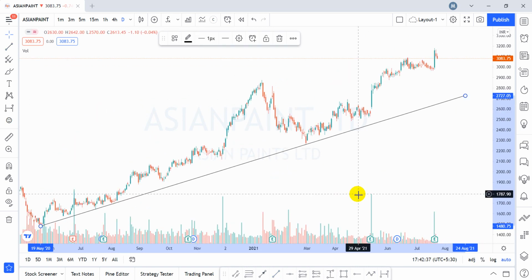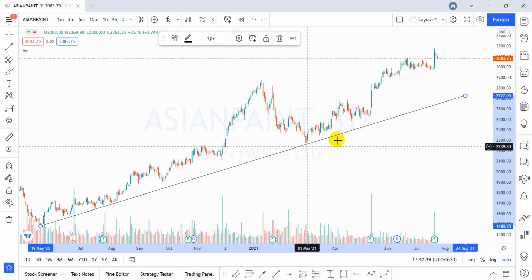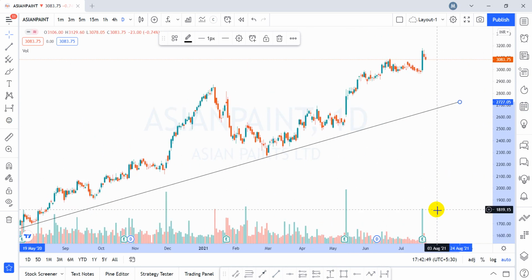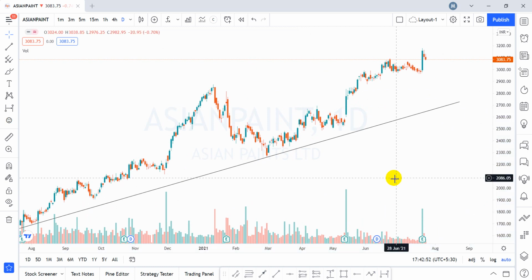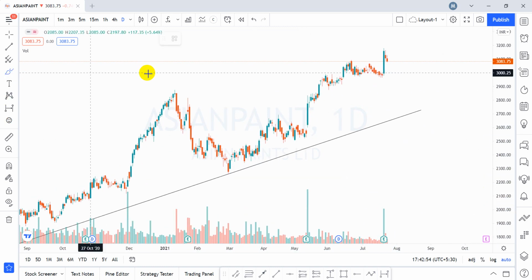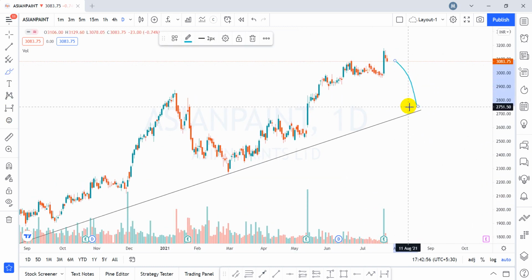This is a long-term trend line, at a perfect 45-degree upward angle. If you are a conservative trader, you can wait for an entry until Asian Paints retraces back to this trend line.